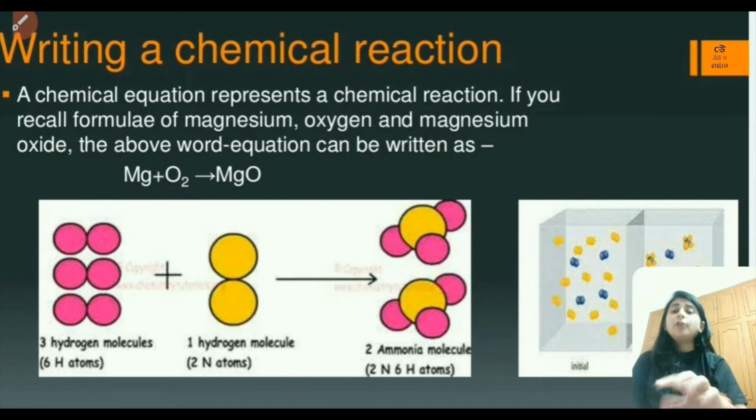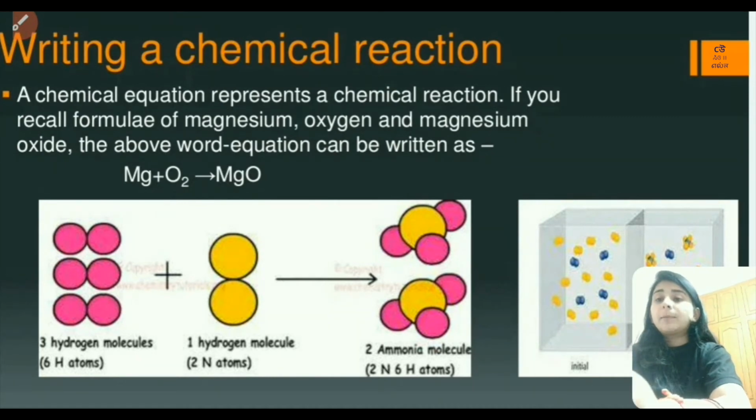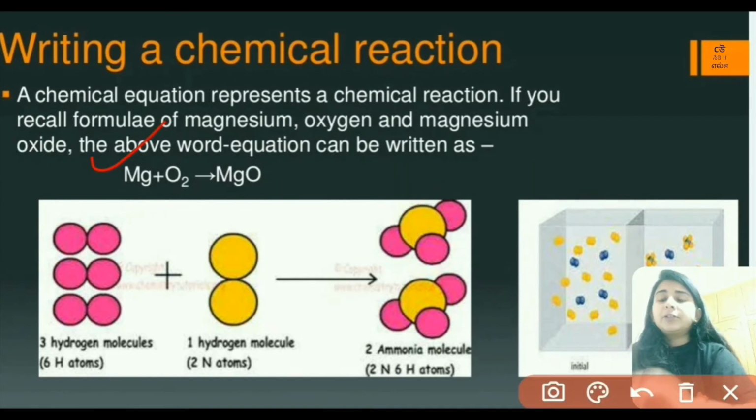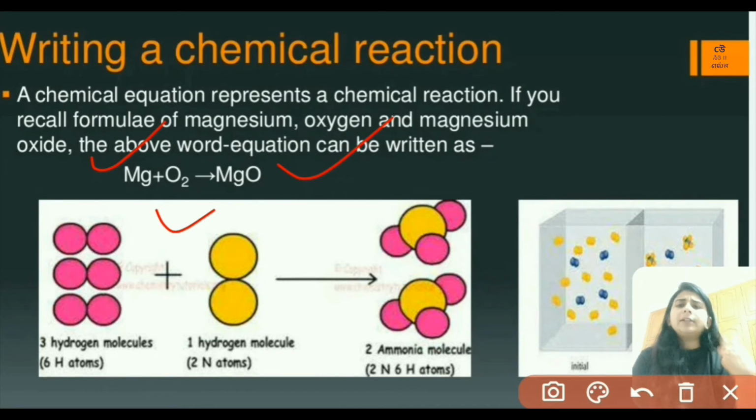That is how you'll be able to show that this much amount of atoms was being used on the reactant side, and that is the amount of product that we got. So talking about this particular reaction, we had magnesium combining with oxygen to form magnesium oxide. Just a very good example of a chemical equation representing what happened within a chemical reaction.